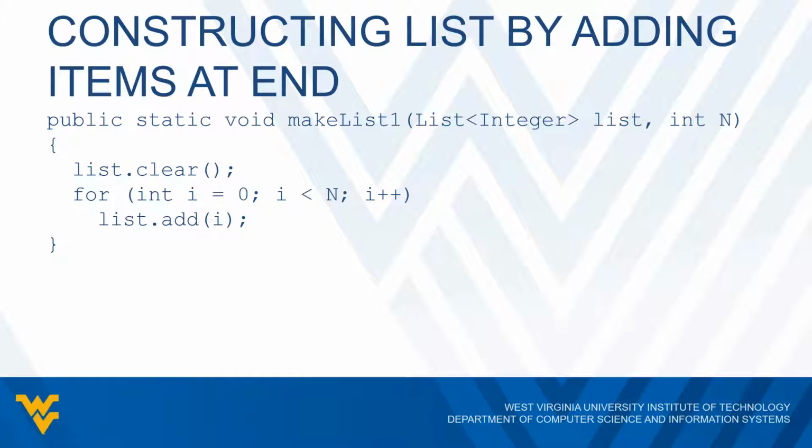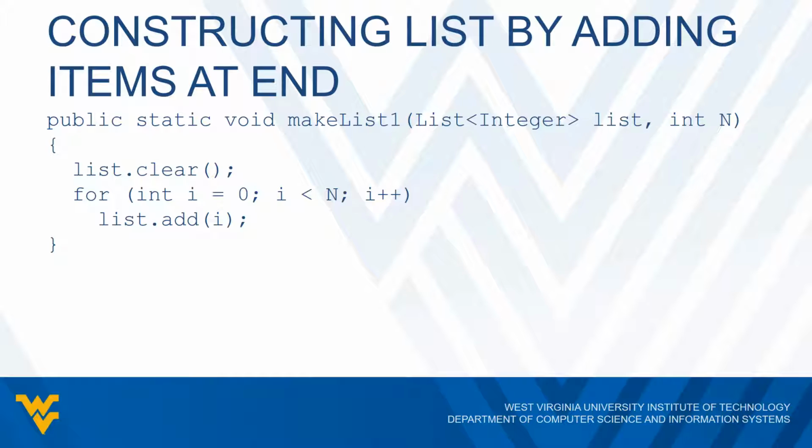This is a very simple method because really we're just adding 0, 1, 2, 3, all the way to n-1, but that's perfectly fine. We first call list.clear, so that clears the contents of the list. Think of it kind of like initializing the list. And then we have a simple for loop where for each iteration of the loop, we're going to call list.add(i). So we're going to add i to the end of the list.